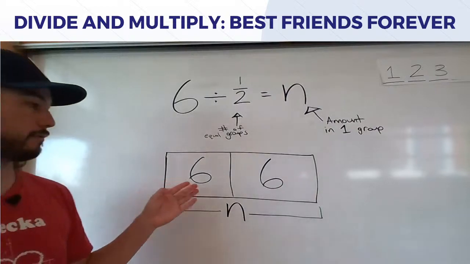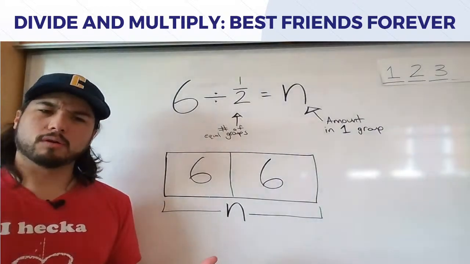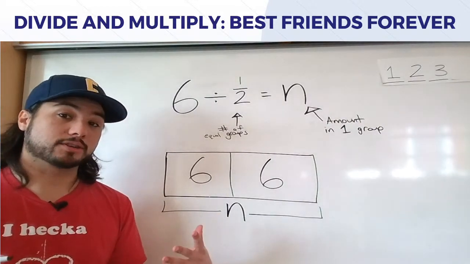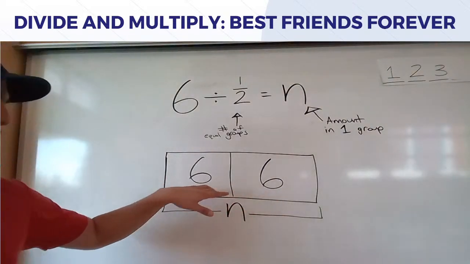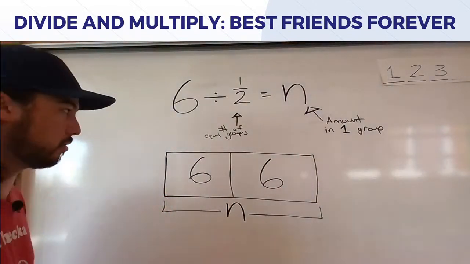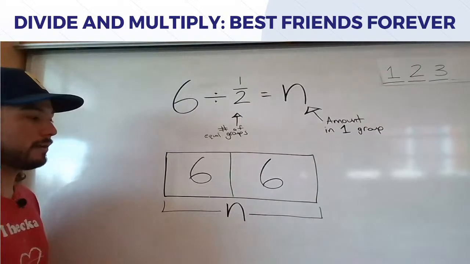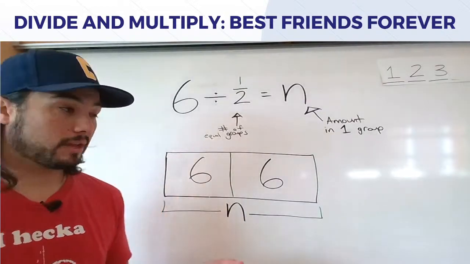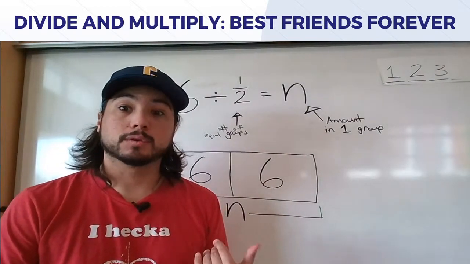If 1/2 of something equals 6, the other half's also going to equal 6, because we're making equal halves here. Otherwise, are they really halves? No, not really. Halves implies 2 equal pieces. So what does our n equal then? If 1/2 is 6, then our n would equal 12. 6 plus 6. So 6 divided by 1/2 equals 12.